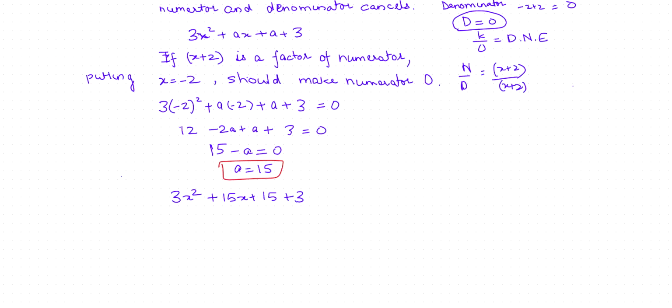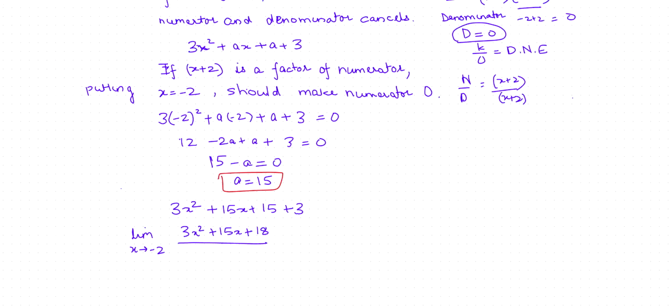As x tends to negative 2, we have 3x square plus 15x plus 18, and the denominator we already had was x minus 1 and x plus 2.